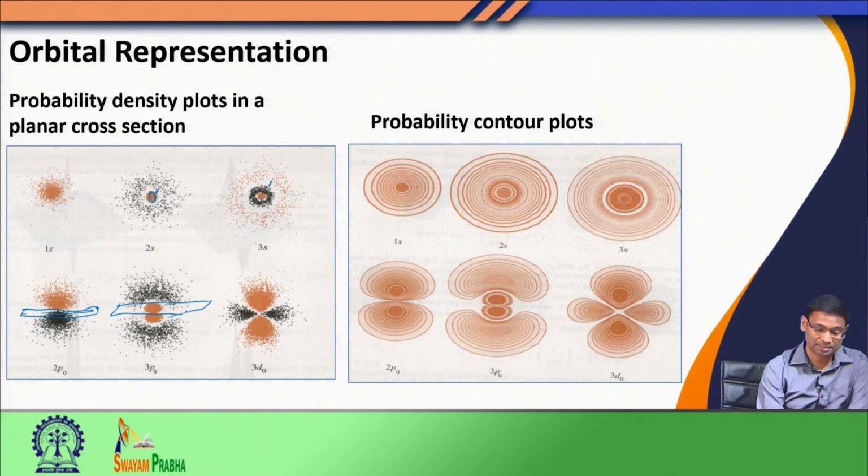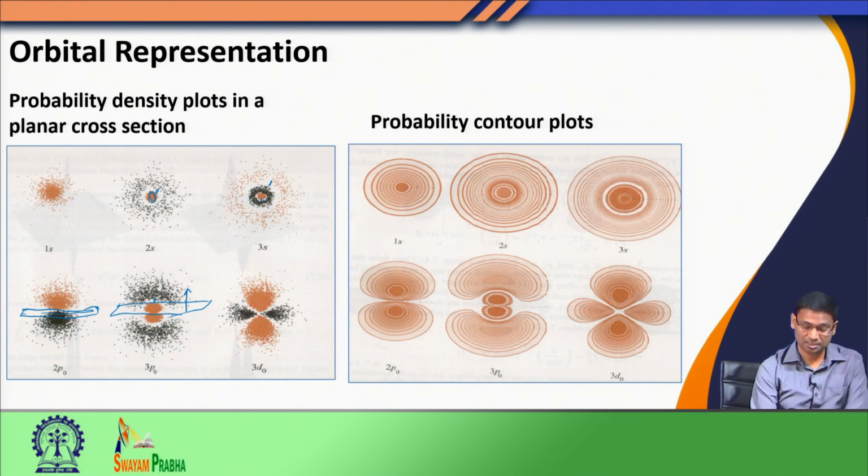When I start moving upwards from the plane where the angular node is, I first see some electron distribution shown in these orange dots, and then I see a node here. That means there is no probability for the electron to be found, and then again some more distribution. So in 3p we have this angular node and radial node, together 2 nodes.